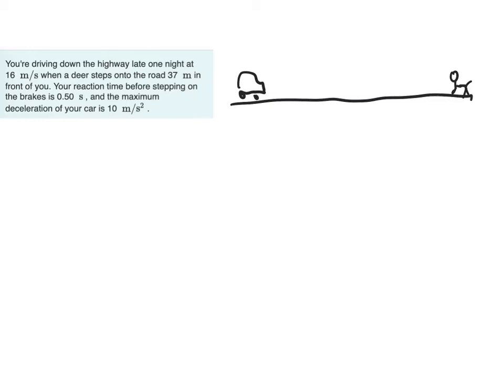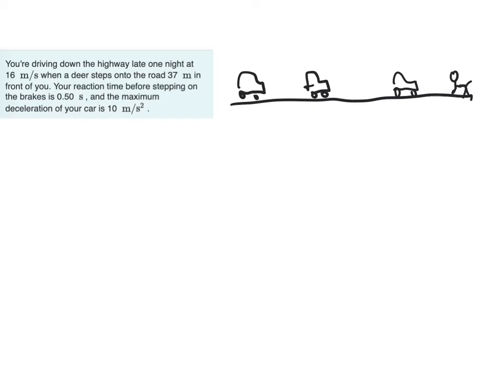And the idea is that this actually breaks into two parts, because at first you continue on before you can react. Your car keeps going at the same speed. And then the second is you come to rest.